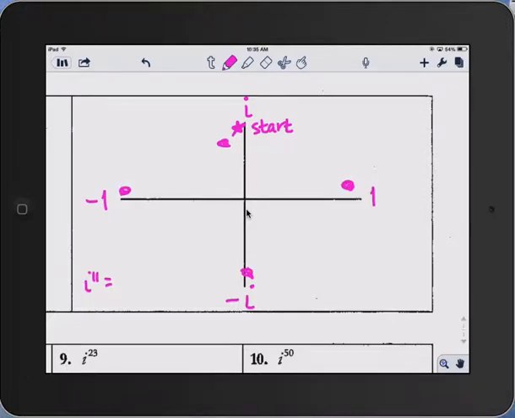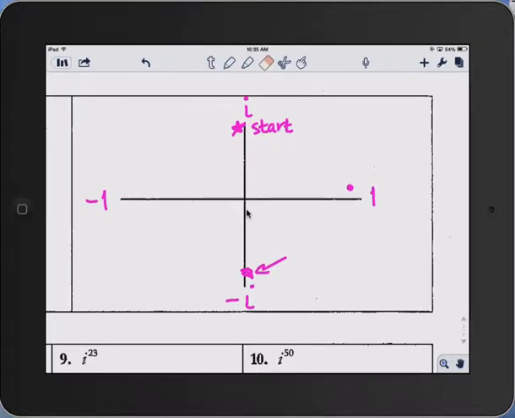Oops, I had gone to the 12th, but I was supposed to go to the 11th, so backtrack that one. So I'd be stopping here. So i to the 11th is equal to -i. Okay, so you can literally count it around for problems with small exponents.